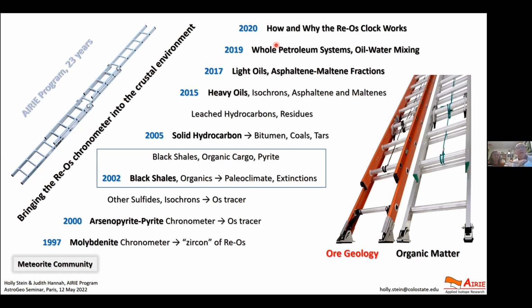I'm only going to have one slide to say this is where we can compromise the clock, because this talk today is going to focus on how we take apart shales to tell geologic time. But rhenium-osmium is now, certainly for sulfides, a very solid technique for dating.